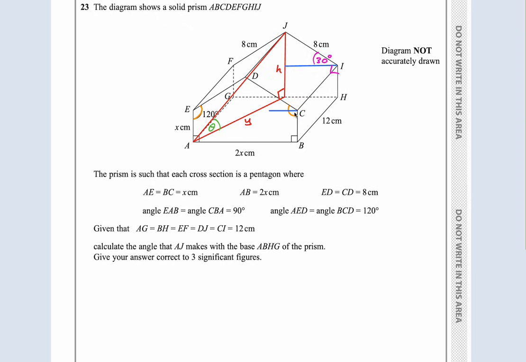I'm not too bothered about here, but this side is important. Now once I have this 30, I can find a few different things. I could find this length here. I'm running out of letters, guys.